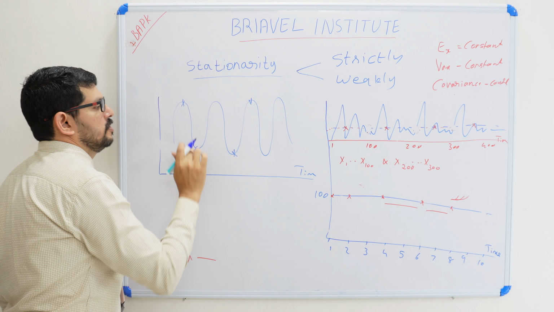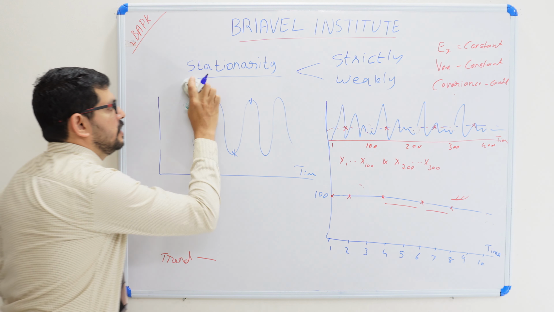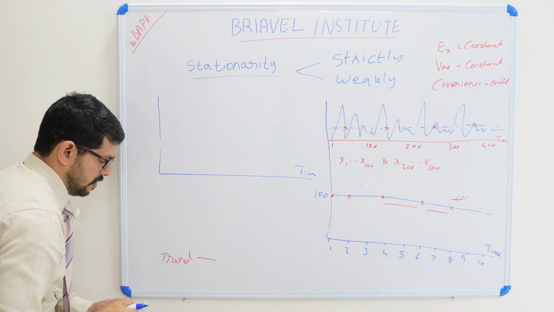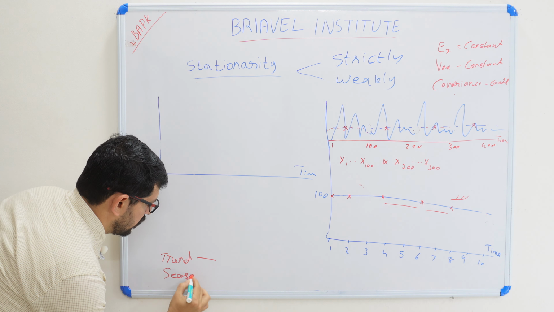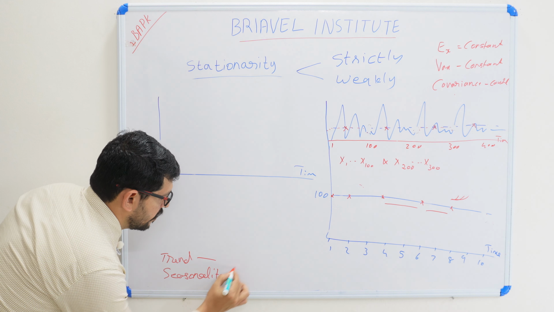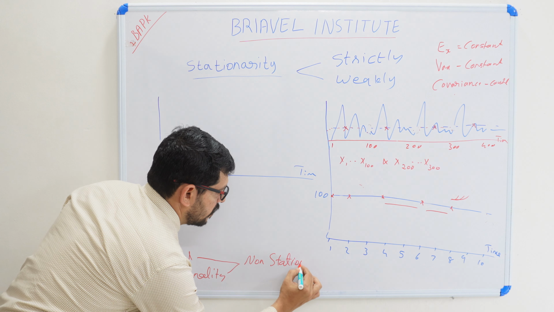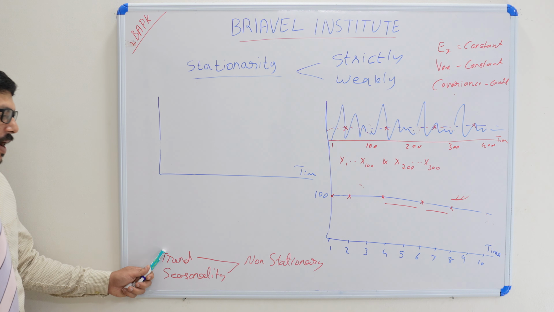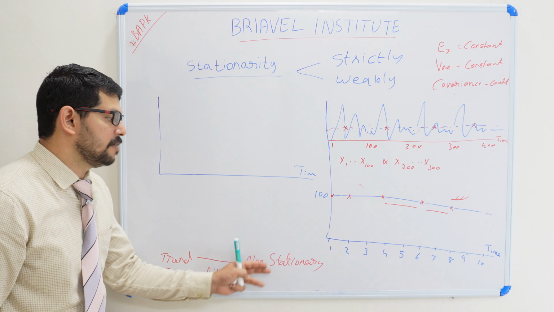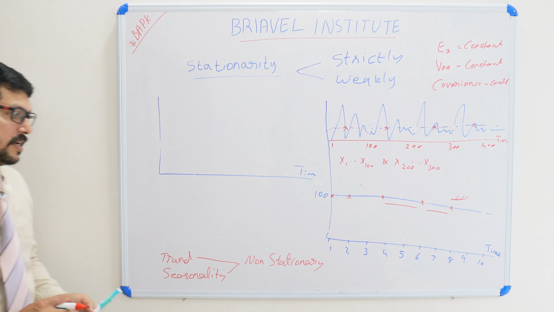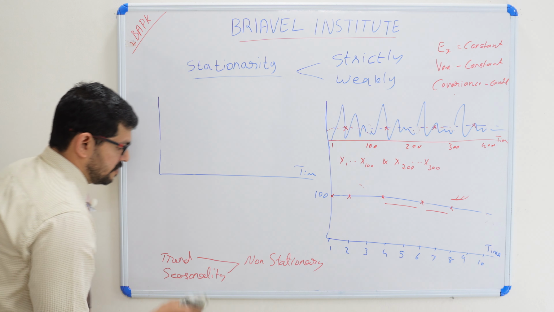So if there is any seasonality, we can say both are non-stationary. If any trend or any seasonality is there in the graph, it cannot be strictly stationary. You can say it is non-stationary.